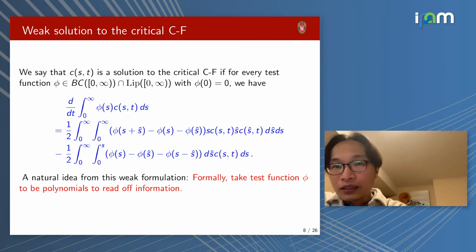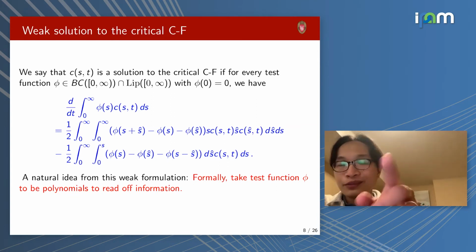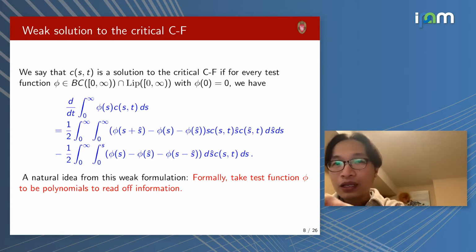Sorry, it's just hard for me to explain because my pencil doesn't work here. But the right hand side has two integrals. The first integral represents essentially the coagulation term. You see that you lose particles of size S and S hat, so that's represented by phi S and phi S hat, right?